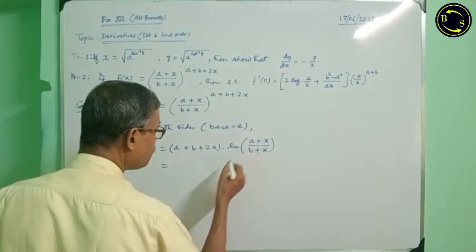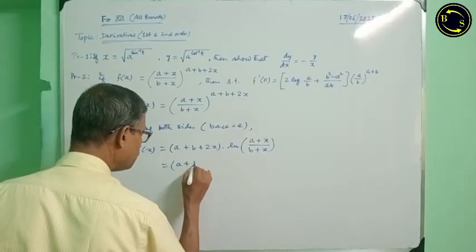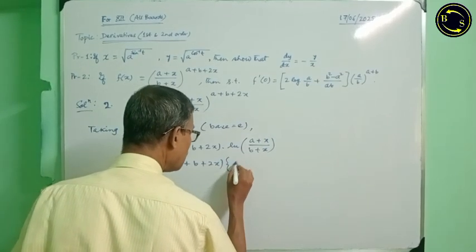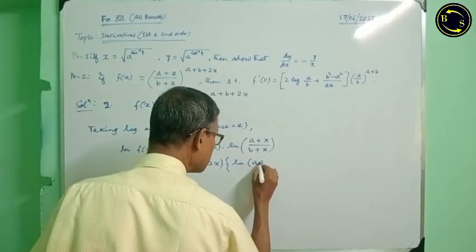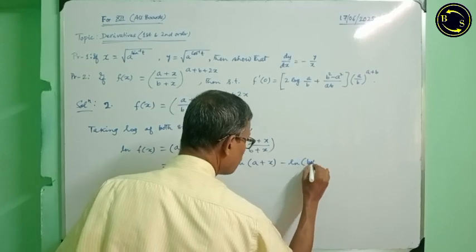Now log u by v form, therefore we can write (a plus b plus 2x) into log of (a plus x) minus log of (b plus x).